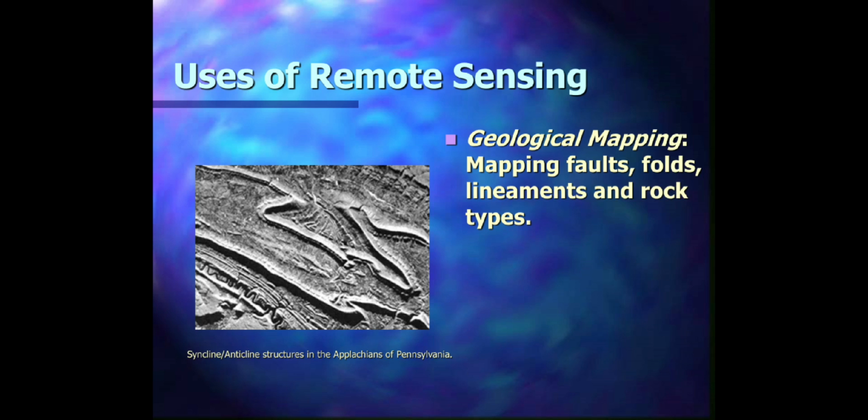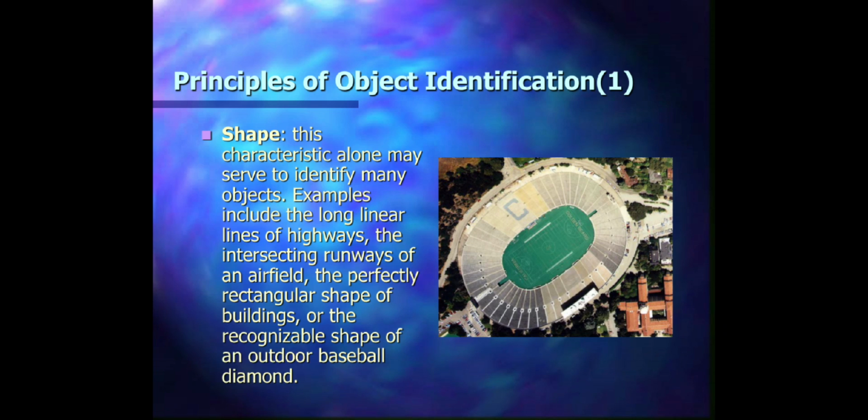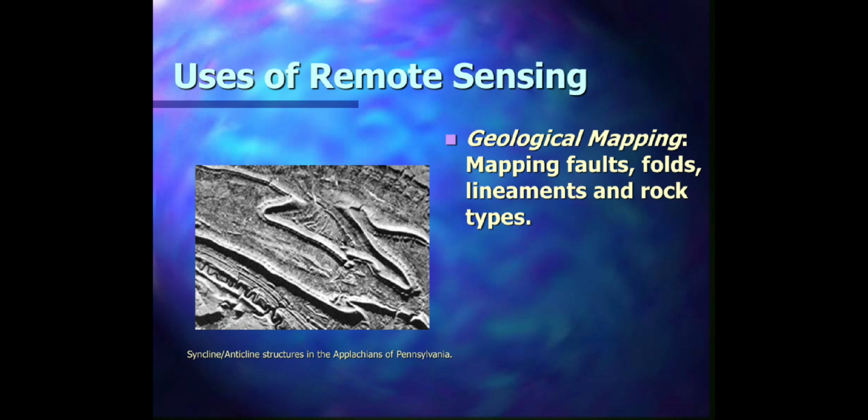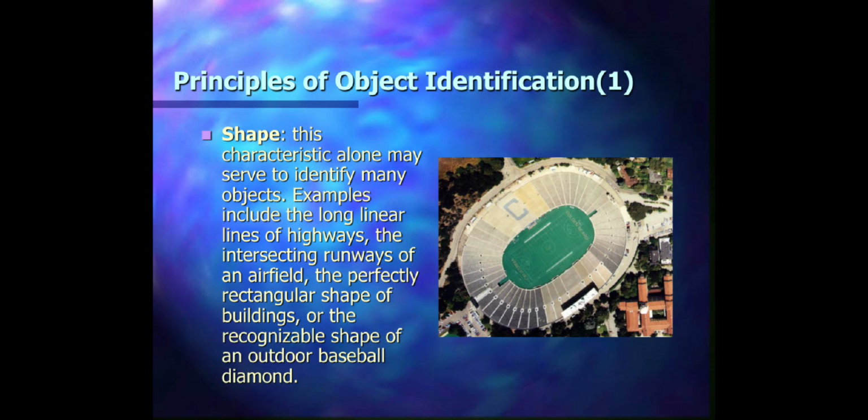Because of our development, there are some changes in the geographical progression of the earth's surface: the folds, lineaments, rock types, some minerals, some metals. We can predict these as well, and that is where we are using remote sensing technology.